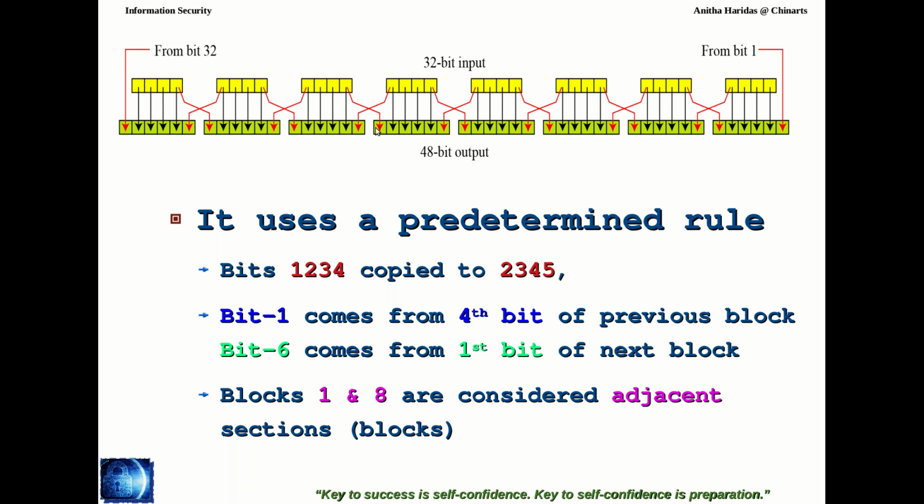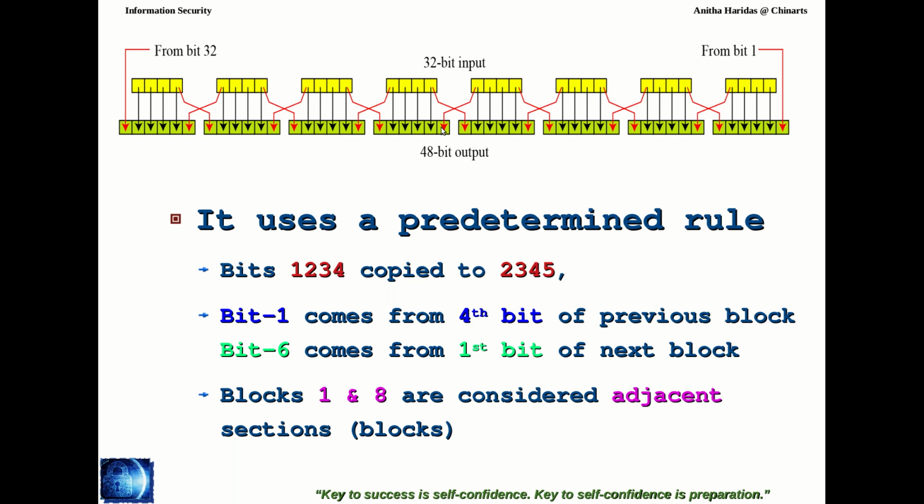Observe here again, bit 1 of the 6 bit chunk comes from the 4th bit of the previous block, and bit 6 comes from the first bit of the next block. Again here, bit 1 of this chunk comes from the 4th bit of the previous block, and bit 6 comes from the first bit of the next block.